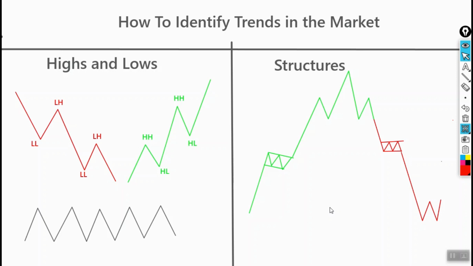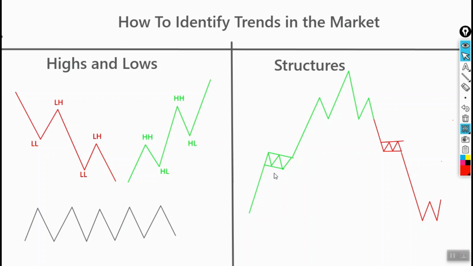And when the market is consolidating or ranging like this, just know that the market is preparing to build a structure that could identify whether or not the market is going to move in the previous trend or we are reversing. But overall, it's always a good idea to study the structure in which it's been built in order to identify whether or not the market is going to continue with the trend or we are reversing.